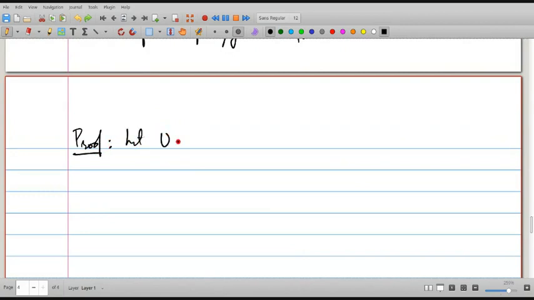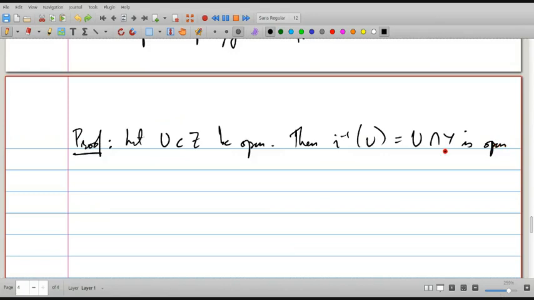So let U in Z be open. Then i inverse of U is equal to U intersection Y, which is open in Y. So all open subsets of Y have this description.